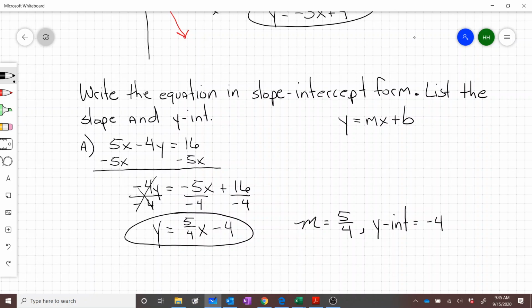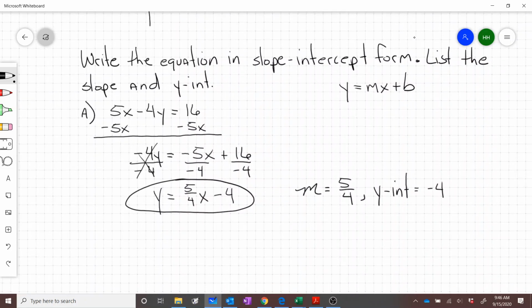So that's a line that goes up and to the right, and it hits the y-axis at -4. And we're going to do that one more time.